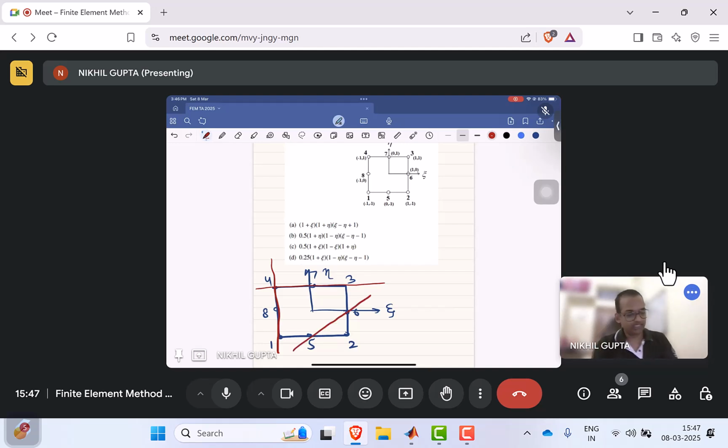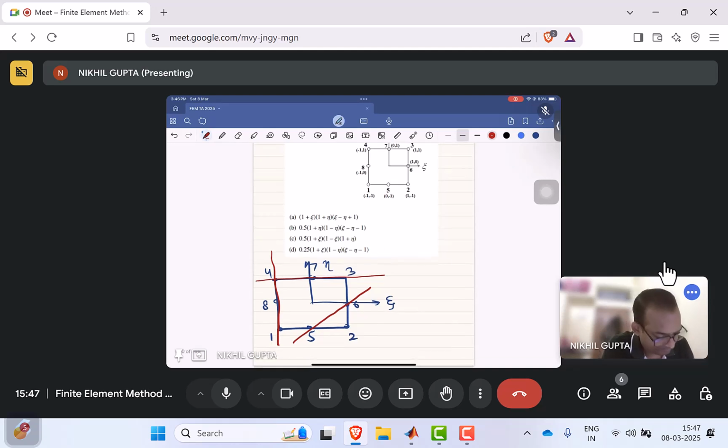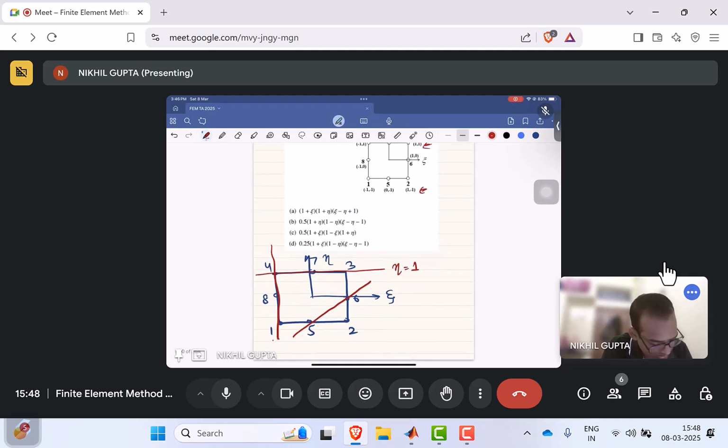Now you have three lines. You have to write the equations of them. What is the equation of this? This is eta equals 1 because the coordinate is there. For this it is xi equals -1. And when you have to find the equation of this, you can write eta plus 1 equals (y2 minus y1) by (x2 minus x1) times (xi minus 0), like y minus y1 in the linear equation.